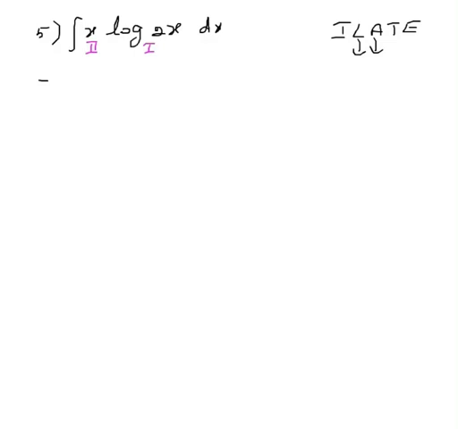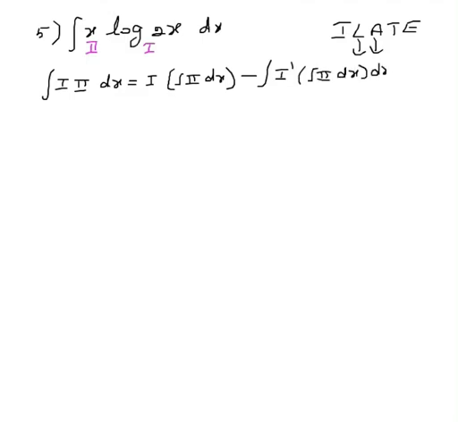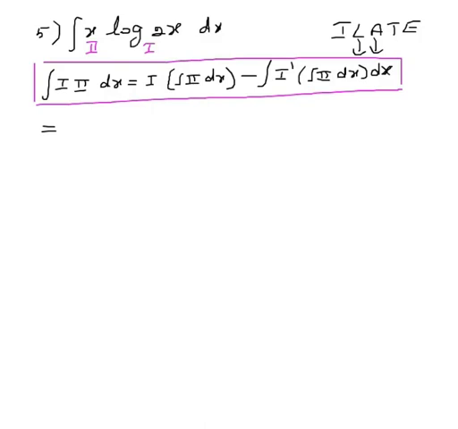This is equal to, let us write integration by parts formula. Integral first function into second function dx is equal to first function into integral of the second function minus integral differential of the first function into integral of the second function dx. Let us apply this formula.